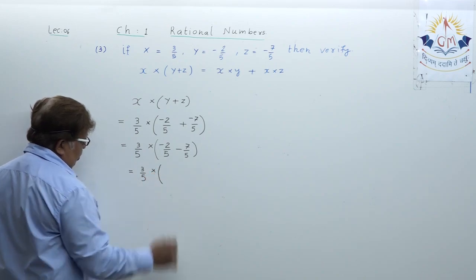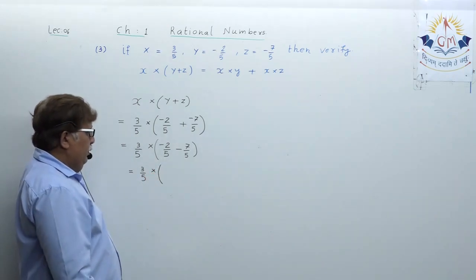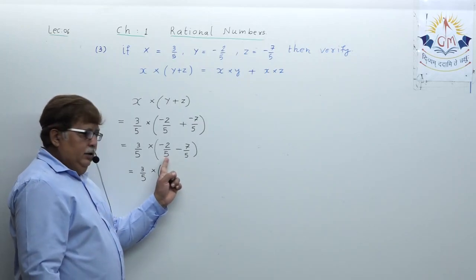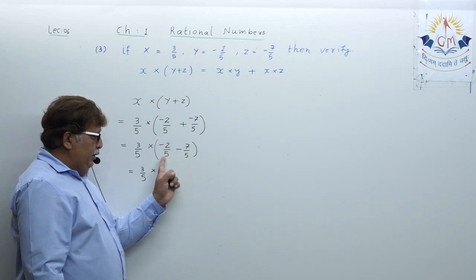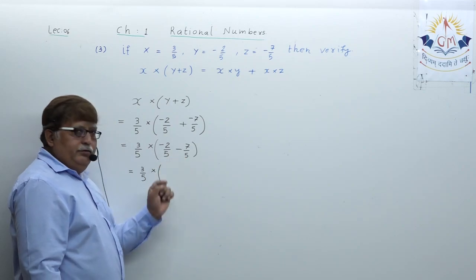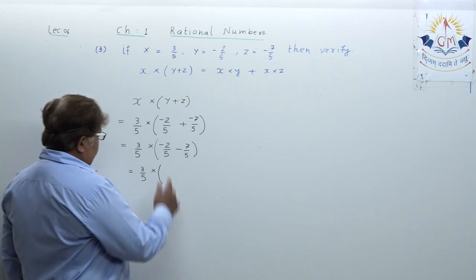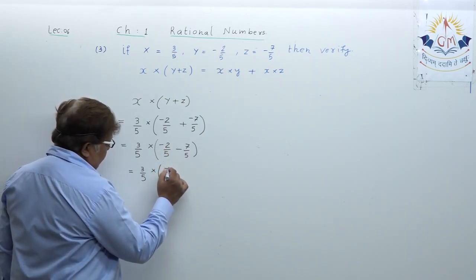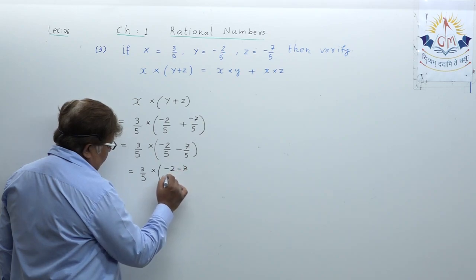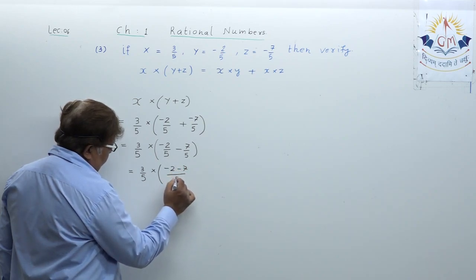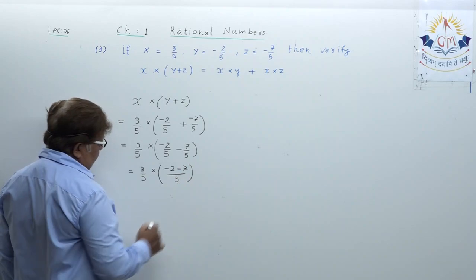Here, dear student, because the common denominator appears here, you can directly write this way: minus 2 minus 7 upon 5.